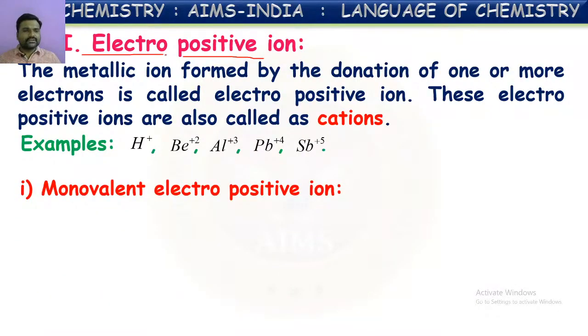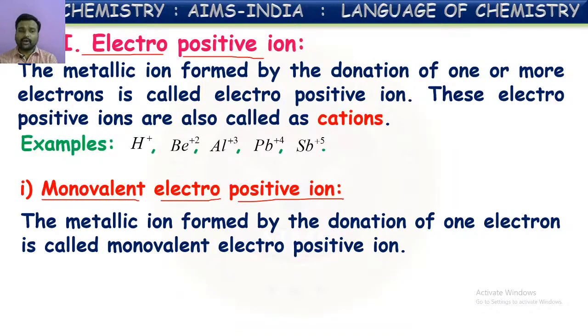Now see monovalent electropositive ions. Let us see the name once again: monovalent electropositive ions. The definition can be said: the metallic ion formed by the donation of one electron is called a monovalent electropositive ion.